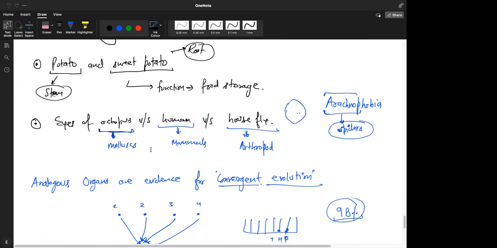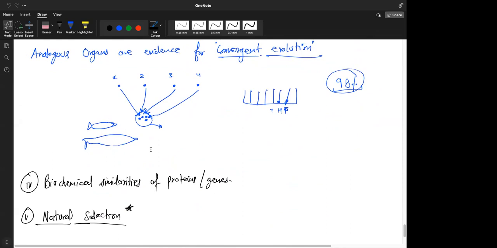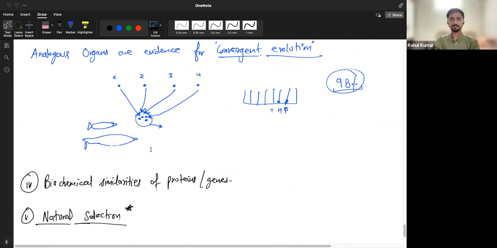Then we talked about how analogous organs provide evidence for convergent evolution. In convergent evolution, different organisms adapt to similar habitat conditions and develop structures accordingly.